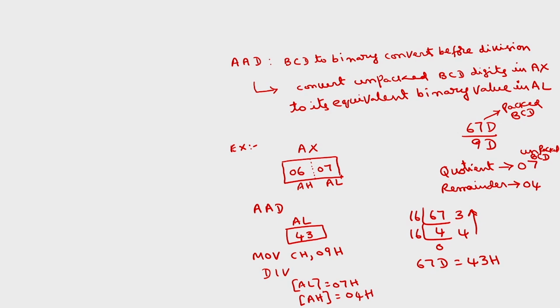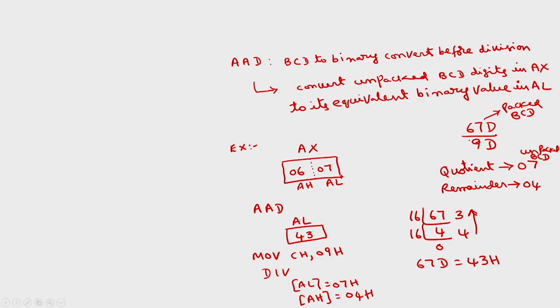I will explain again. The AAD instruction converts the unpacked BCD digits in AX into the equivalent binary value in AL. Binary in the sense that this is a hexadecimal value. Taking the example of 67 decimal by 9, if I want to perform this BCD division, the packed BCD we have taken into two 8-bit registers AH and AL, which is AX.